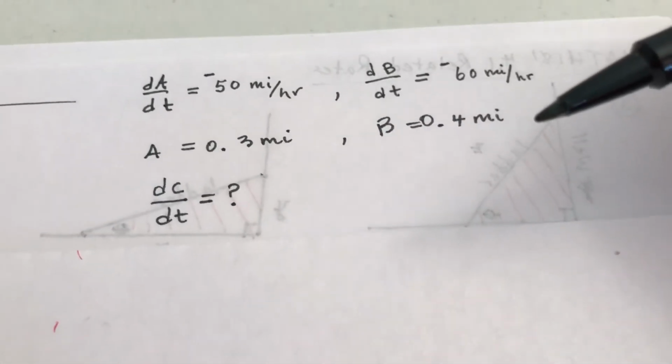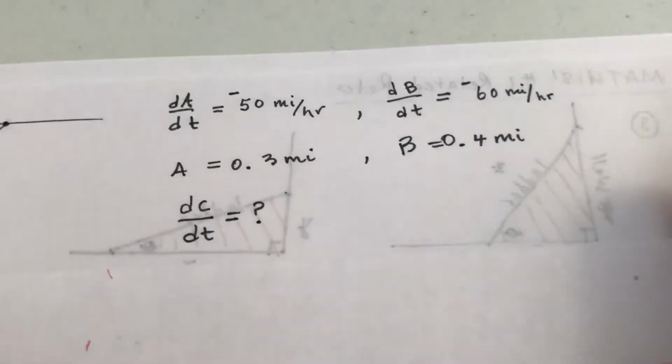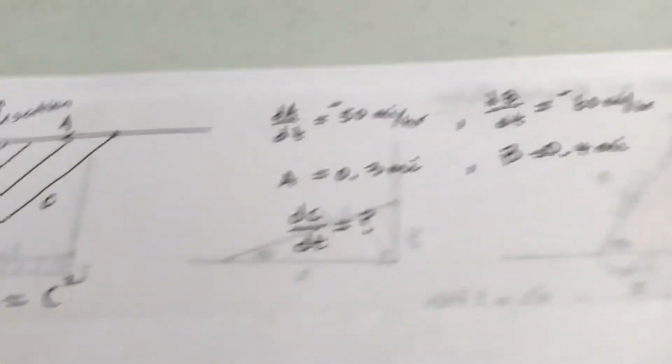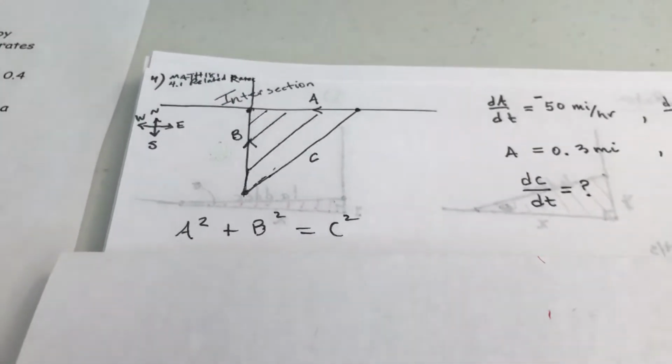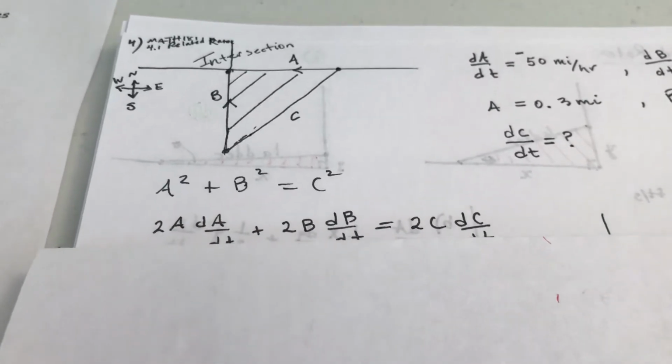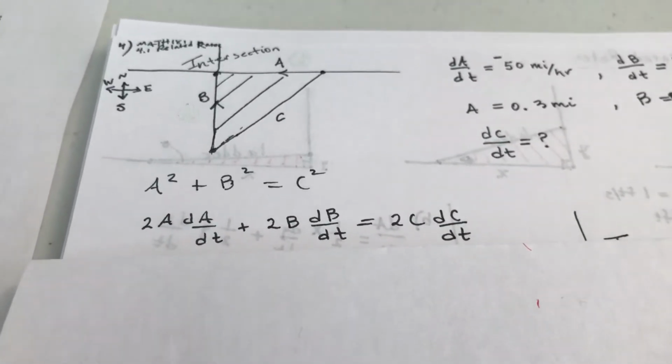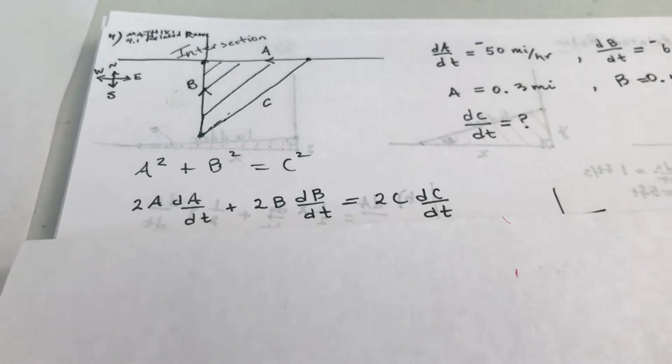Now, you know the relationship between A, B, and C: A squared plus B squared equals C squared. And you find the derivative: 2A dA/dt plus 2B dB/dt equals 2C dC/dt.